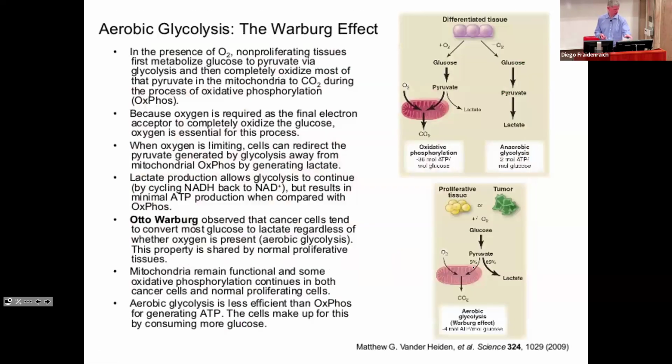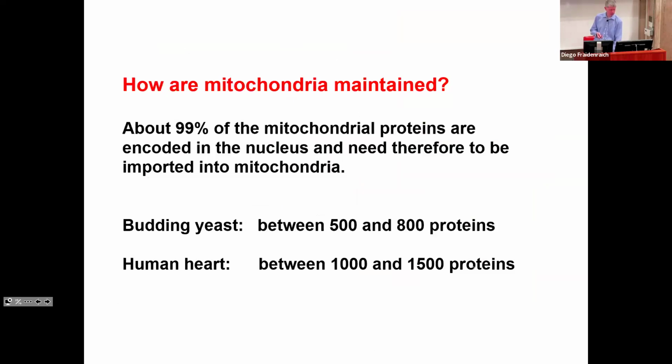Okay, well, this is just what I said before, and now we are heading to how mitochondria are generated. I told you already that almost 99% of the proteins in mitochondria are encoded in the nucleus, in the chromosomes.